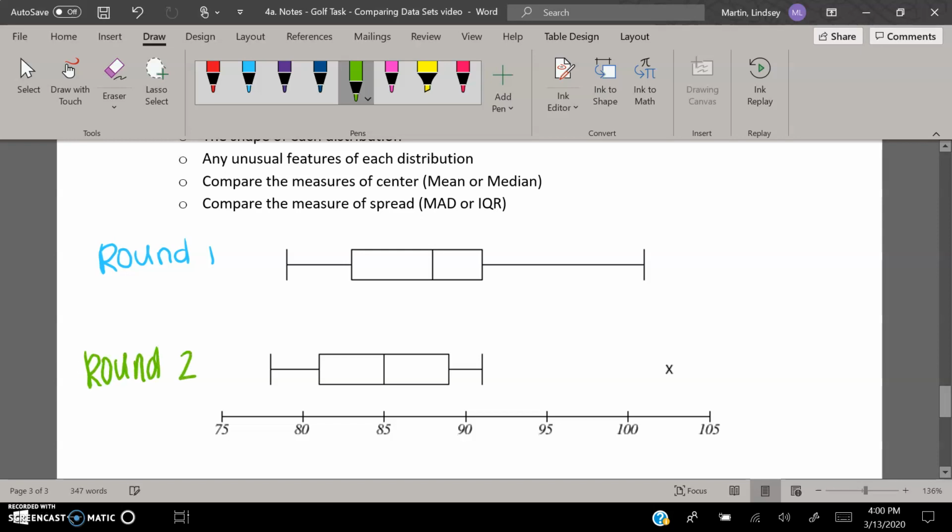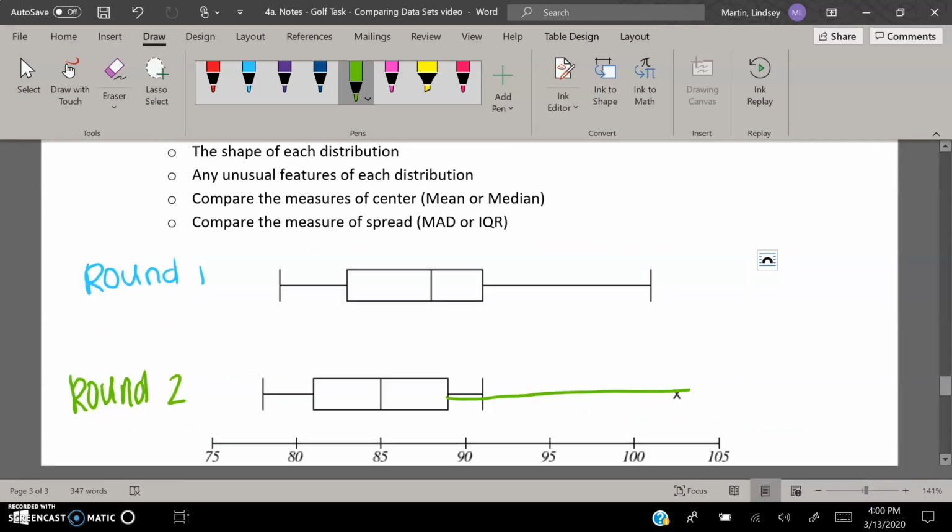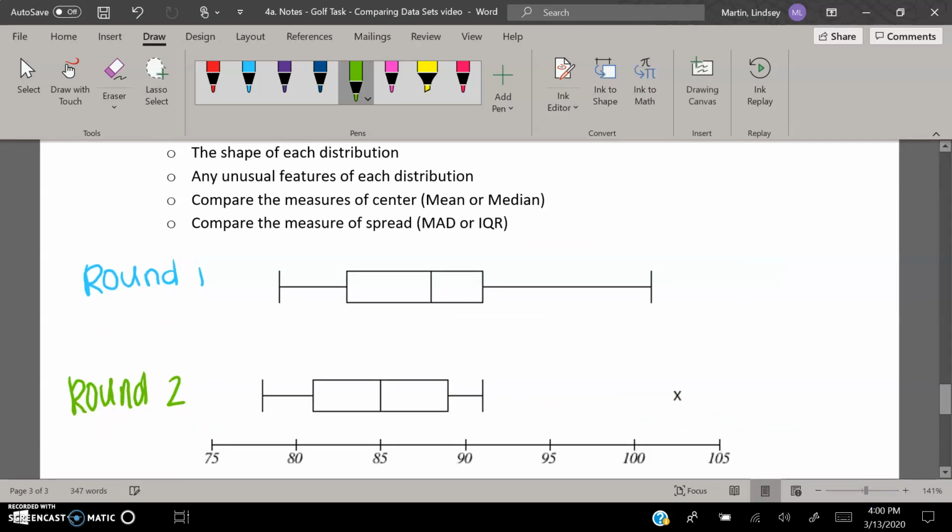You might notice that your round 2 box plot and this one on the paper look a little bit different. In some cases, we represent outliers with an X, but for the remainder of this class, we're going to represent our outliers within our box and whisker plot.